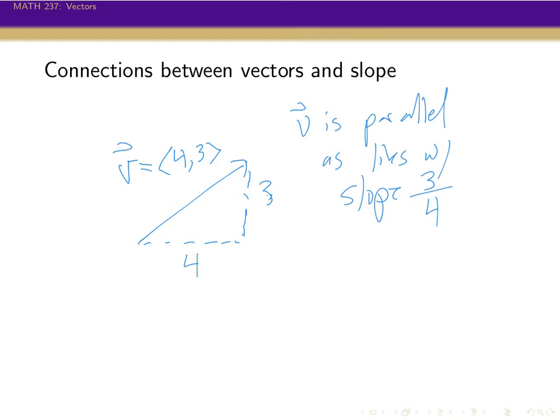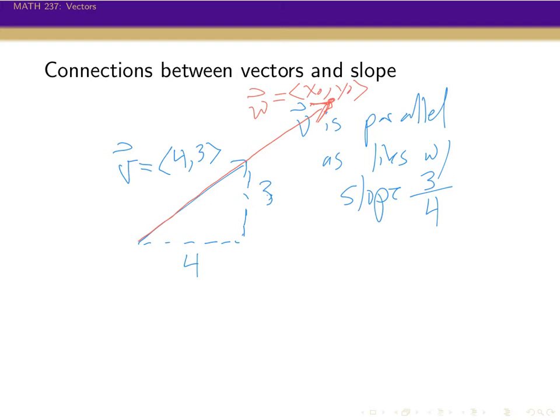Right? And so if we had some other vector here, going along the same direction, but maybe its length is different, let's call this w. Let's just say its components are x naught and y naught.